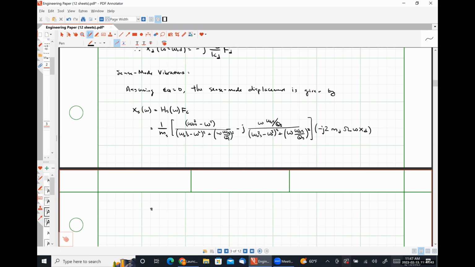And so what this is going to give me, there's going to be a common negative factor here, right? I say that because when I multiply this first part by this negative number on the right-hand side of my Coriolis force, that's going to give me a negative thing. Then I have negative j times negative j, which is going to look like positive j squared, which is negative 1, right?